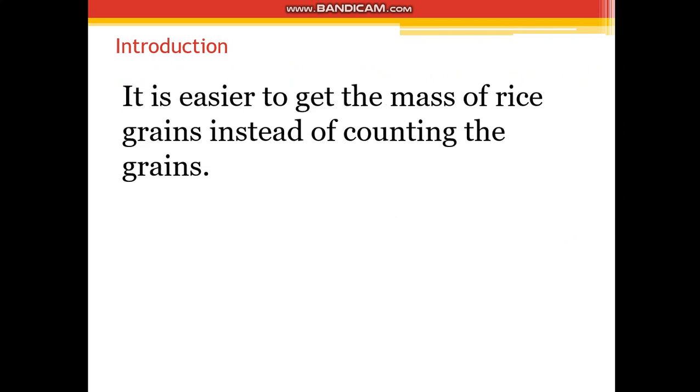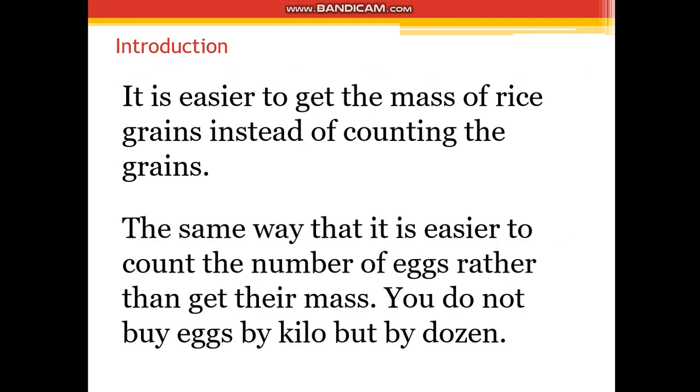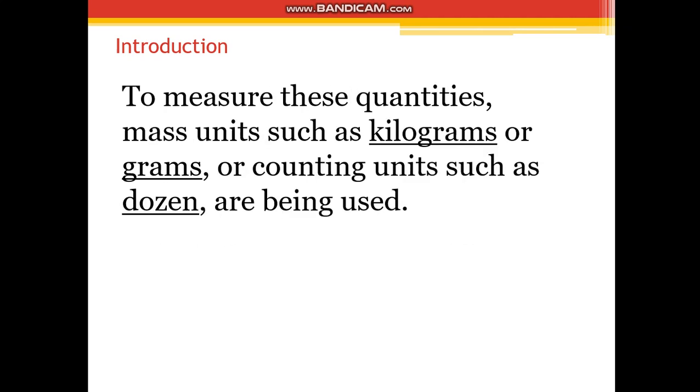It is easier to get the mass of rice grains instead of counting the grains, the same way that it is easier to count the number of eggs rather than get their mass. You do not buy eggs by kilos, but by dozen. To measure these quantities, mass units such as kilograms or grams, or counting units such as dozen are being used.